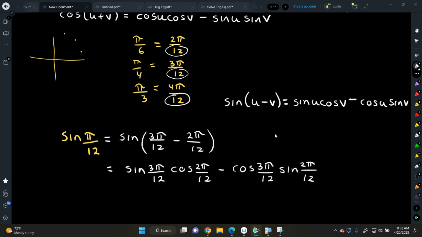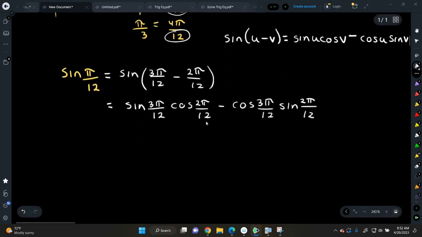Now I'm going to go back and reduce those fractions. So this is the sine of pi over 4 times the cosine of pi over 6 minus the cosine of pi over 4 times the sine of pi over 6.